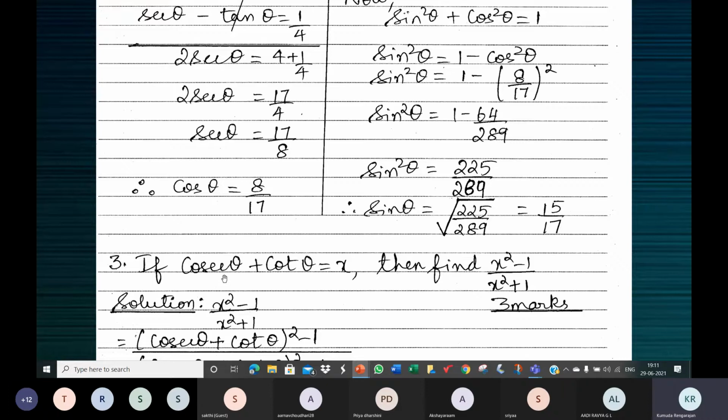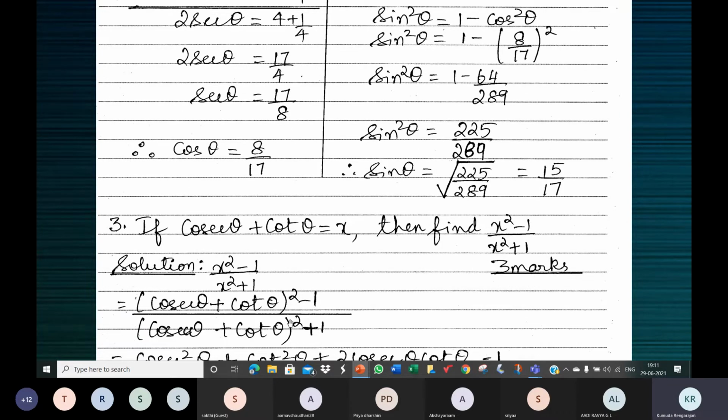What is x square? Cosecant theta plus cot theta the whole square. So we have to find x square minus 1 by x square plus 1. That is cosecant theta plus cot theta the whole square minus 1, and cosecant theta plus cot theta the whole square plus 1, because this is only x.